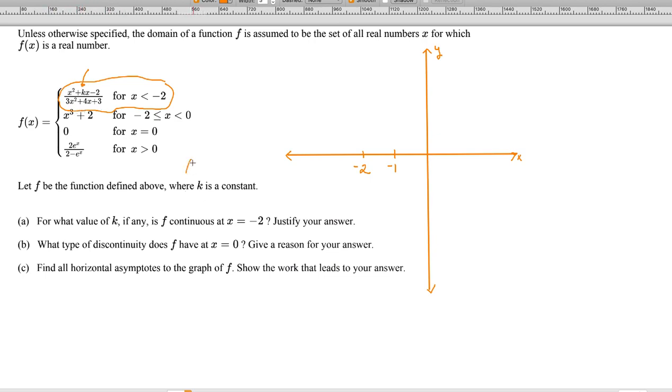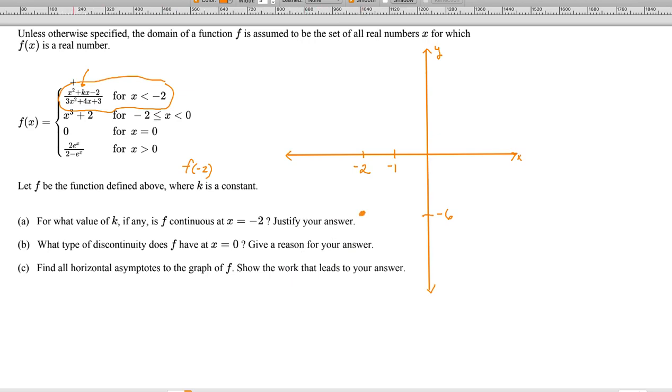First of all, f of -2. You don't have to do this graph, but I find it illustrative that if I plug in -2 into this function, I use this piece. -2 cubed is -8 plus 2 is -6. So that value is a filled in dot right there.